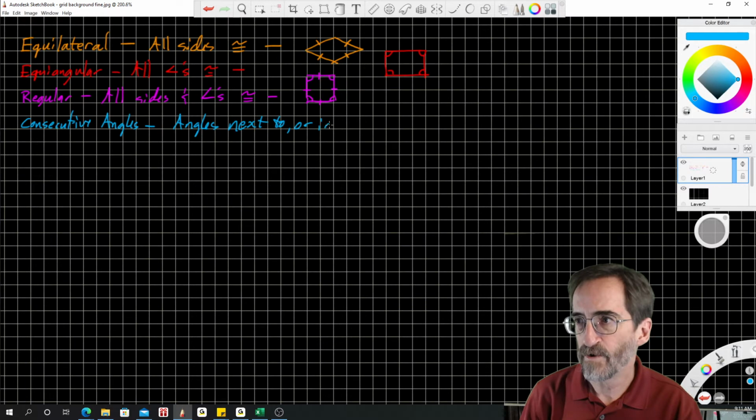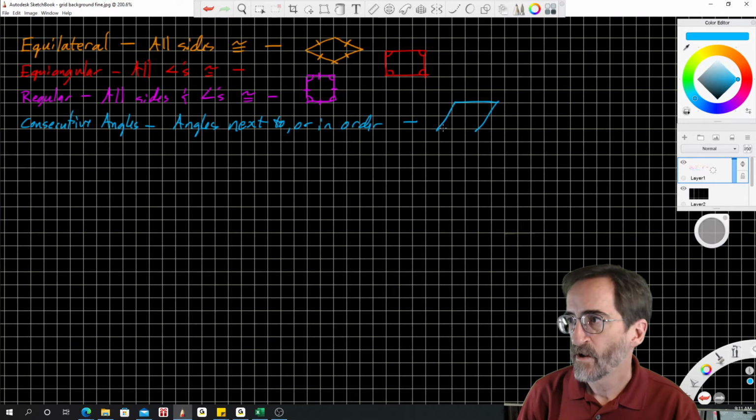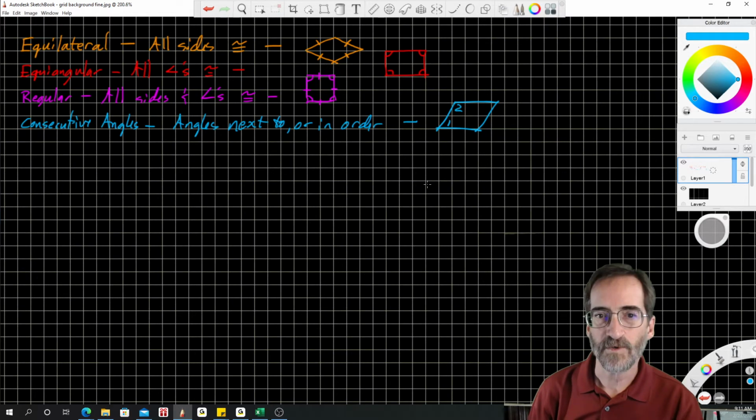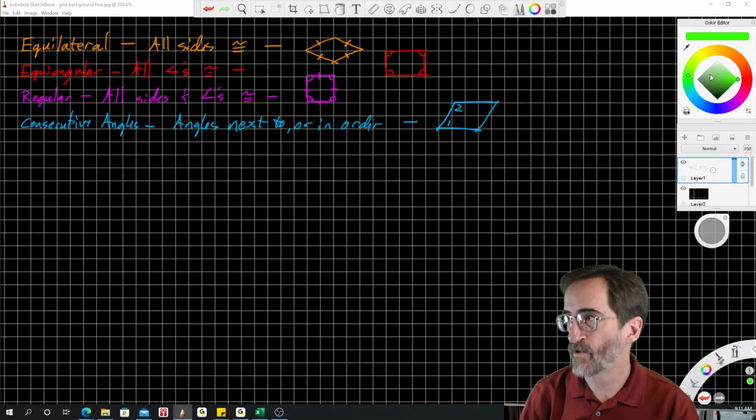In a polygon or in a parallelogram, angles 1 and 2 are consecutive. They are next to each other. And that goes with the idea that consecutive angles are supplementary. They add to 180 in a parallelogram.